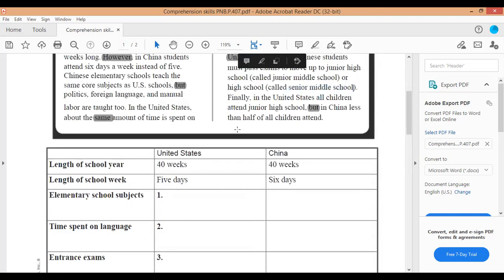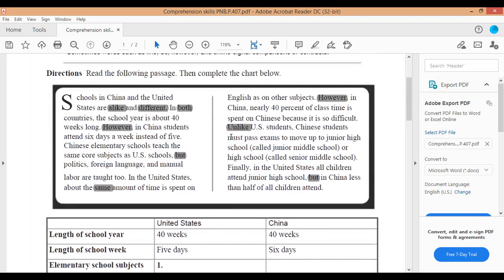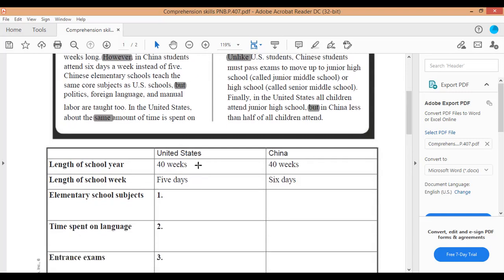How can the question come in the exam? We can give you a text and ask you to write the things that are alike and the things that are different. Or we can ask you to compare and contrast between two things.